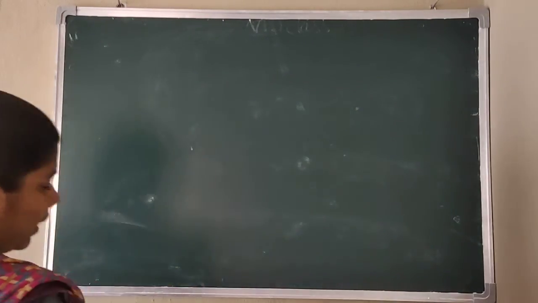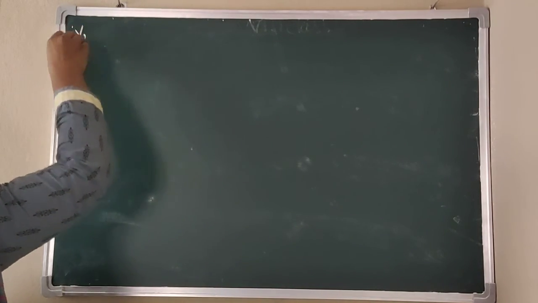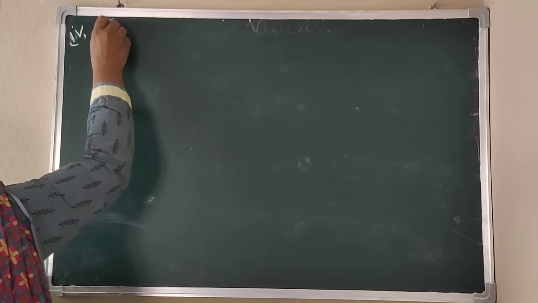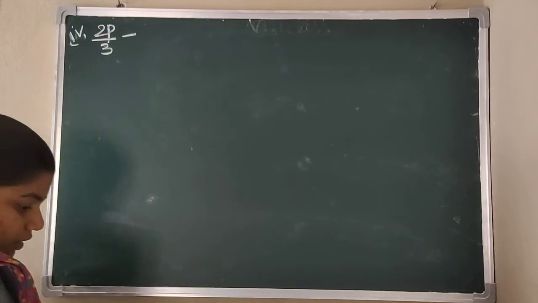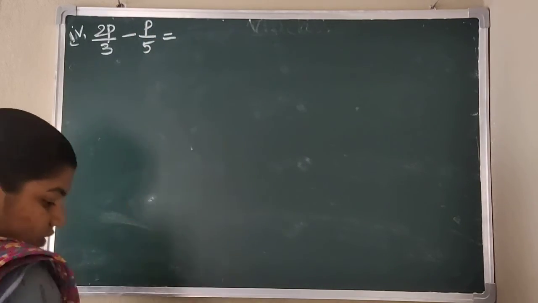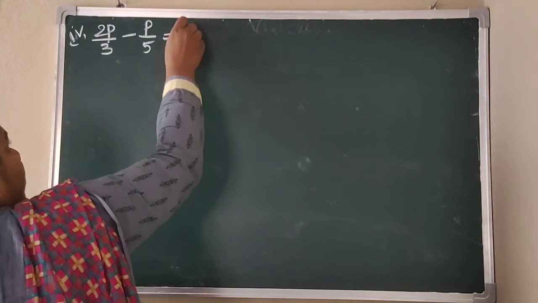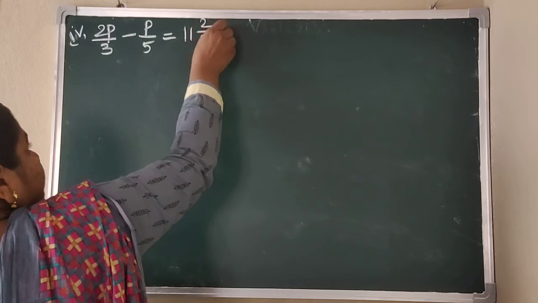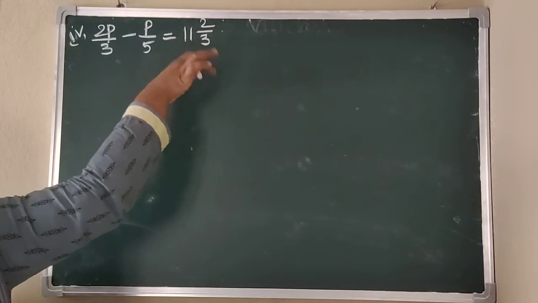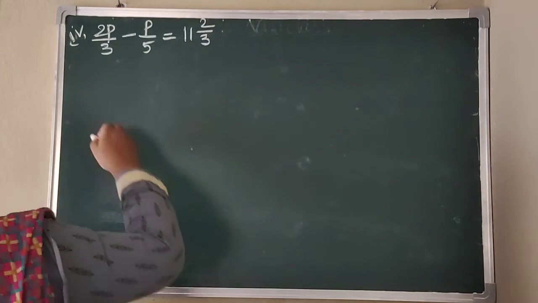Next, the fourth one: 2p by 3 minus p by 5 is equal to 11 2 by 3. What is the given question? This mixed fraction we have to convert into an improper fraction.